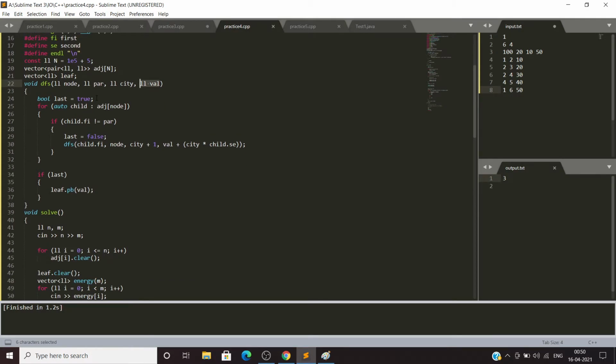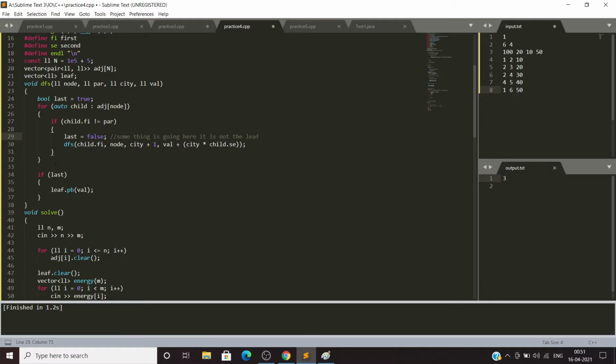Here we can see that we have marked the leaf equal to true, because if something goes further down, it means that this is not the leaf of the tree.